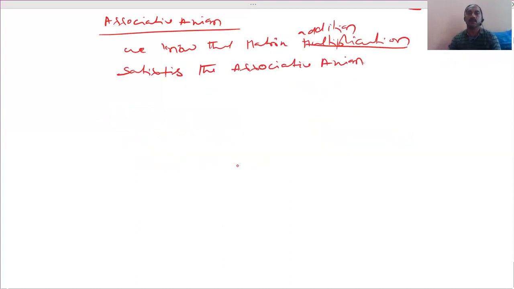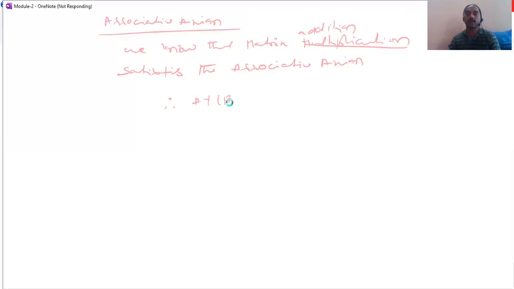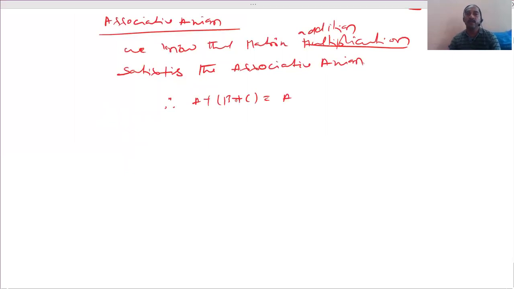So therefore, for A, B, C, (A plus B) plus C equals A plus (B plus C). In our set V also we have matrices, so V also satisfies the associative property, because matrices satisfy the associative property. See, V contains the matrices, therefore our V also satisfies the associative property. So now the identity axiom.